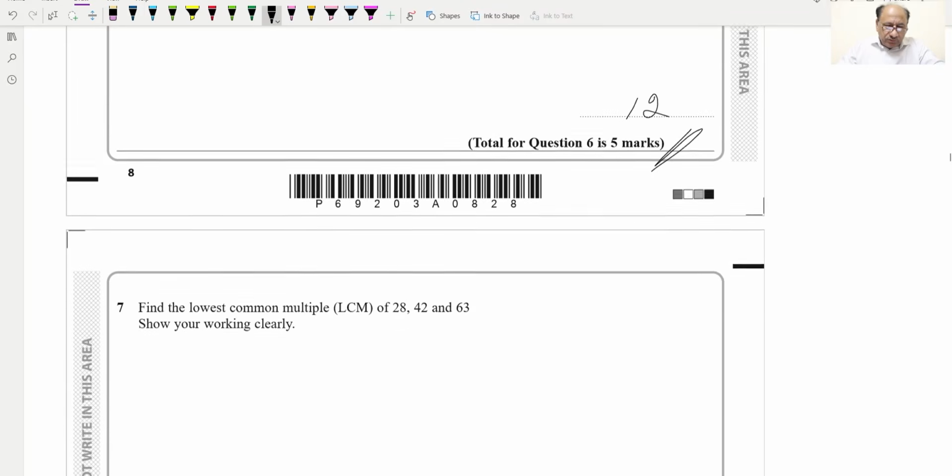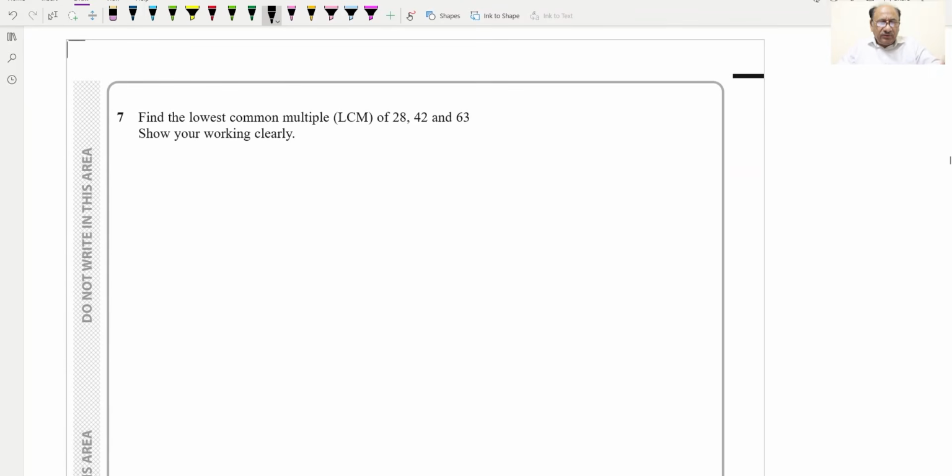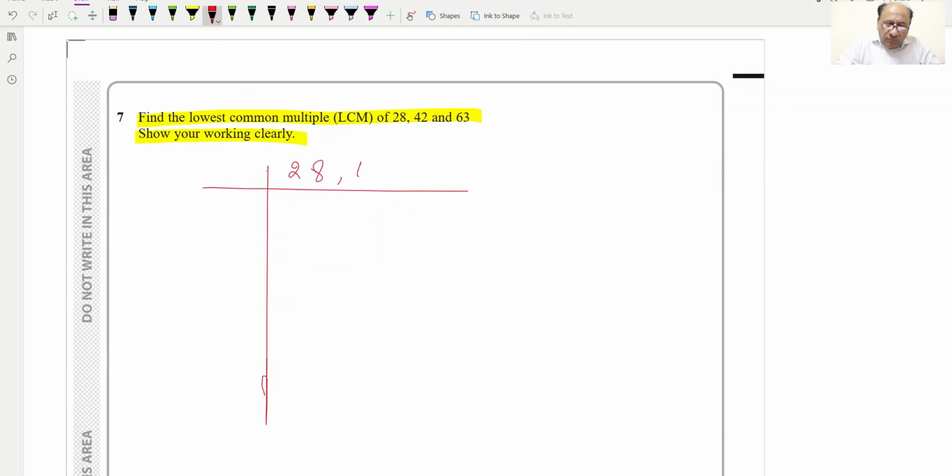Hopefully you understood this. Now question number 7 is we need to find the LCM of these three numbers. Show your working clearly. We can use the division method and write down the numbers: 28, 42 and 63. We divide by 2, giving 14, 21, and 63 as it is.